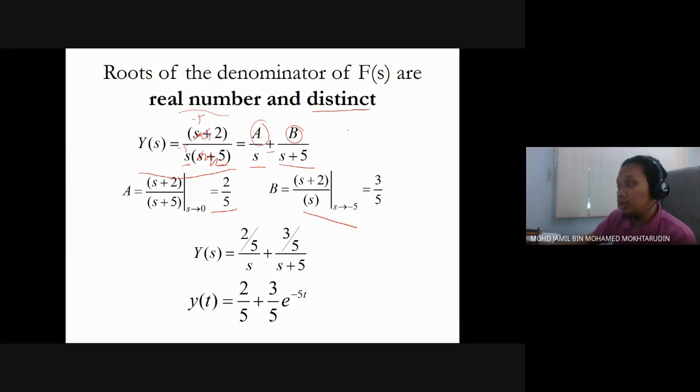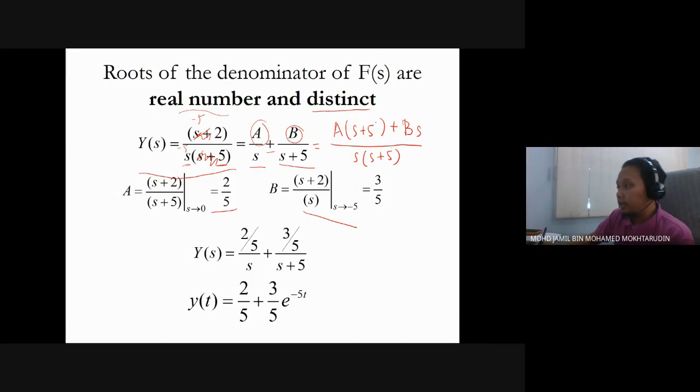So you can use the method you are familiar with. The method I am familiar with is to first simplify this into one fraction, so it becomes (a(s + 5) + bs) divided by s(s + 5).